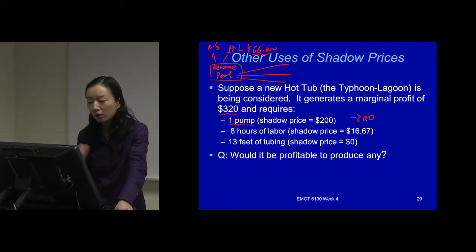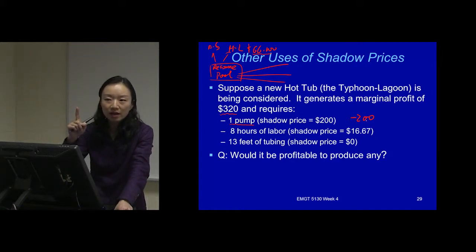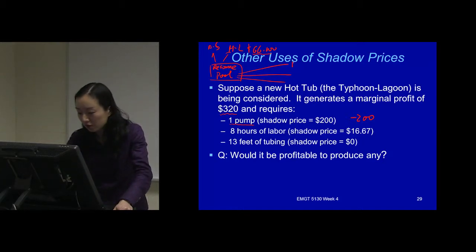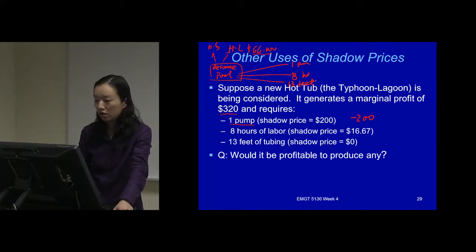You are taking away 1 unit of pump, so that means a 1 unit decrease in the right-hand side of the first constraint. Clear? Okay. Then here, when you take away 8 hours of labor, again, you're taking 8 hours. So 1 unit of pump, 8 hours of labor, and 13 feet of tubing just to produce 1 Typhoon Lagoon.